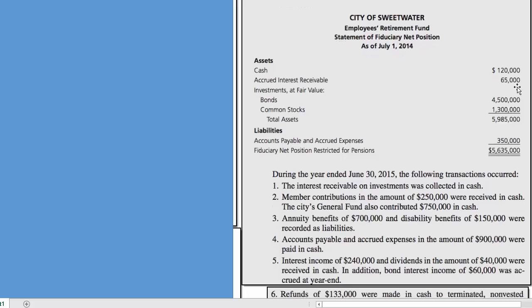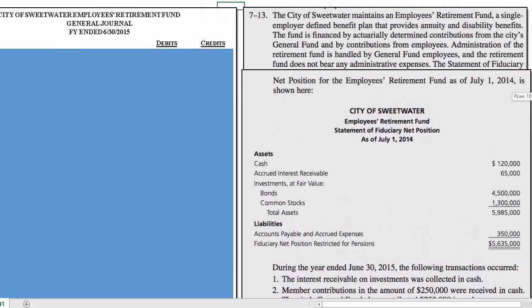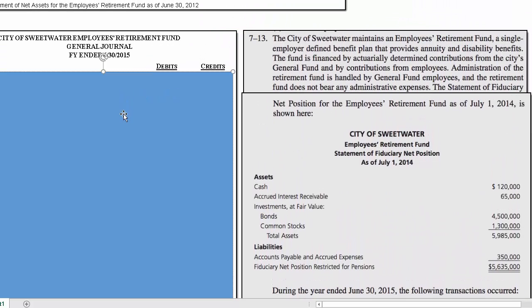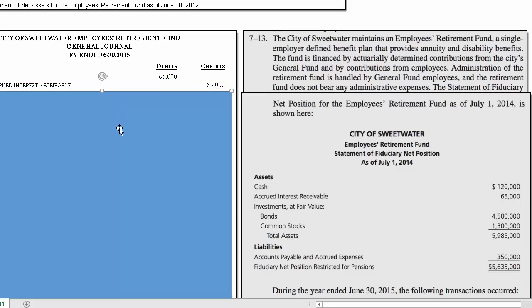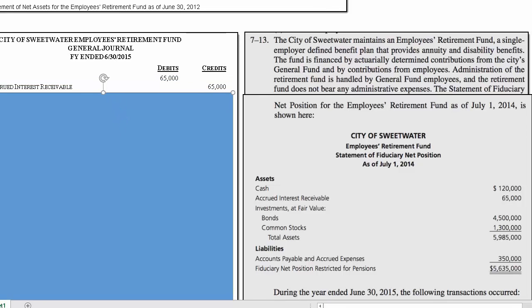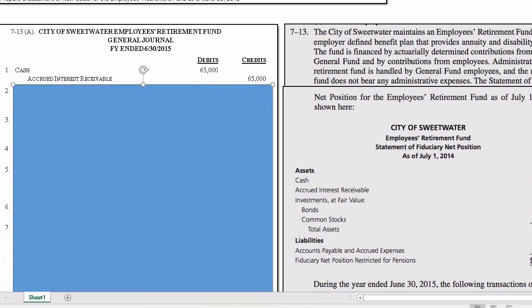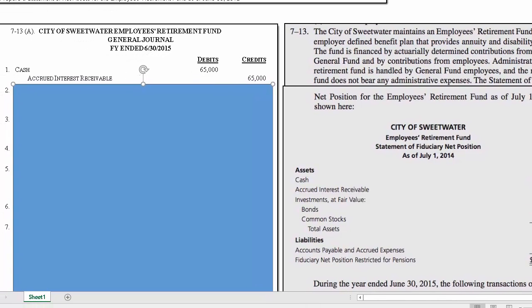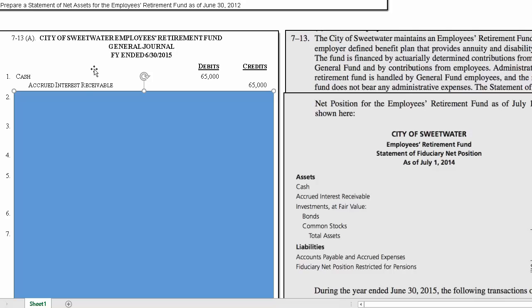Well, the interest receivable was $65,000. If I slide back up and we work the first entry, we'll see that the entry they must have made, and let me move this over now so you can see that, would have been a debit to cash for $65,000 and a credit to accrued interest receivable.